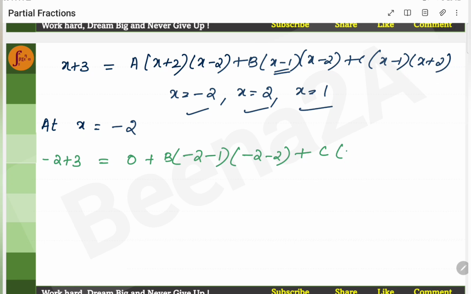Minus 2 plus 2 will be 0. So we'll get minus 3 and minus 2 minus 2, which is minus 4. 4 into 3 is 12. Minus and plus, 12b is equal to 1, which means b is 1 by 12.